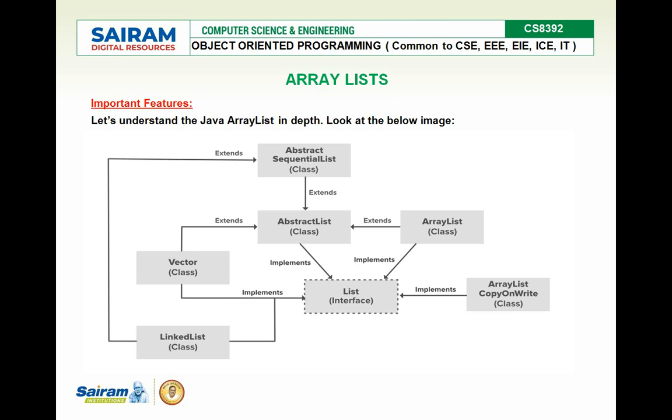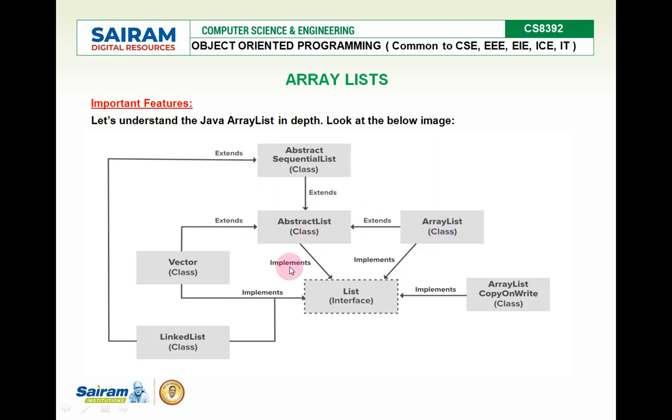And here is the overall picture. We'll see where ArrayList is. ArrayList implements the List interface. ArrayList extends the AbstractList. In other words, the AbstractList class is inherited by the ArrayList class, and the List interface is implemented by the ArrayList class.